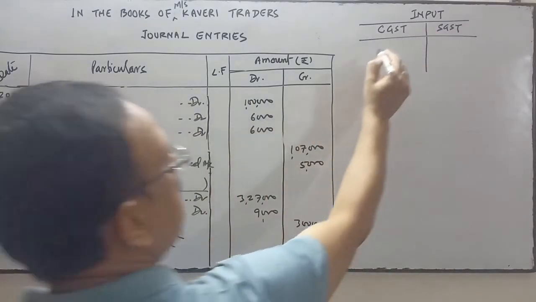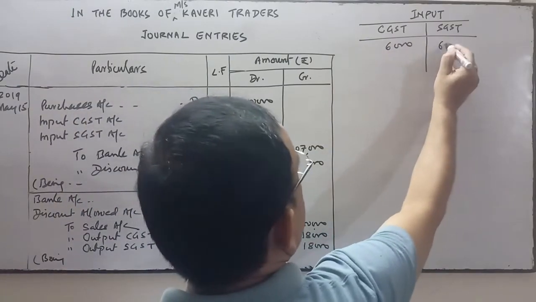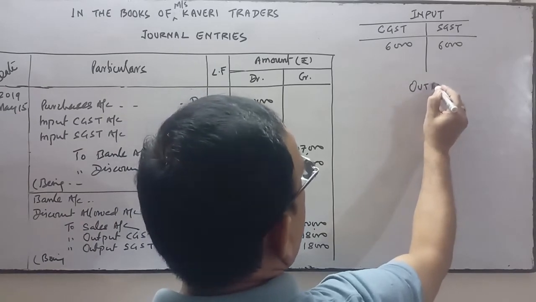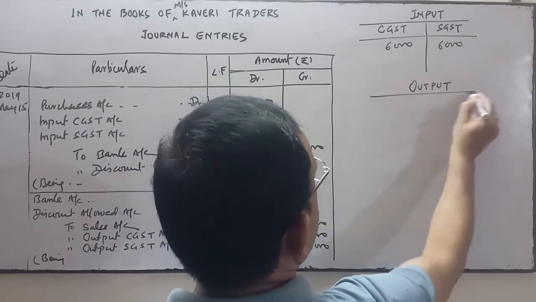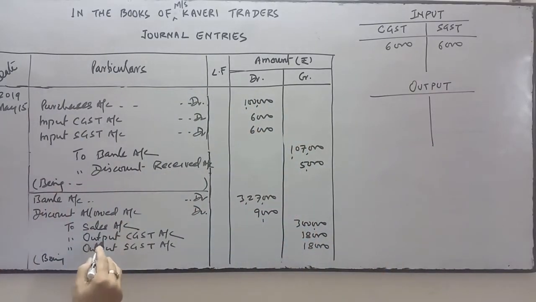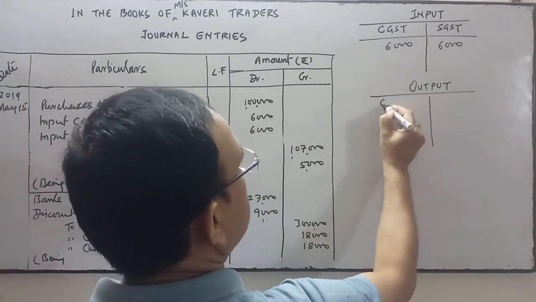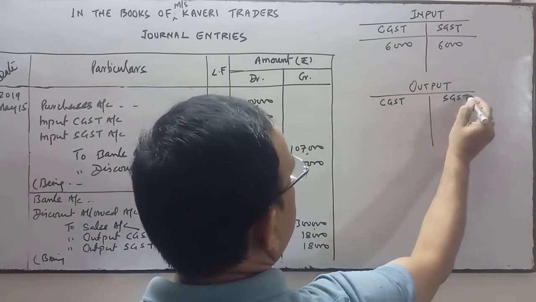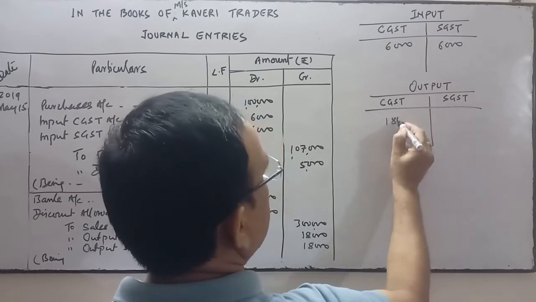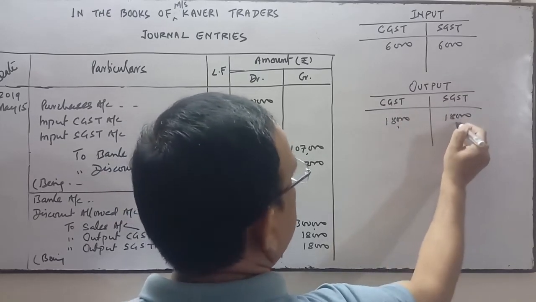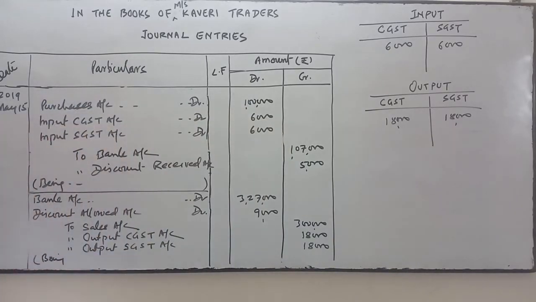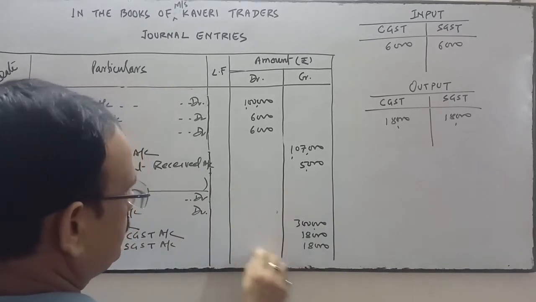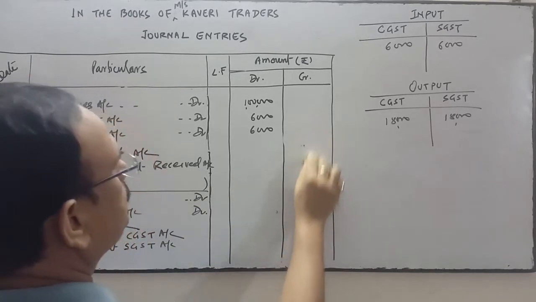Input CGST is 6,000 and SGST is also 6,000, whereas output CGST and SGST are 18,000 and 18,000, from the first and second transactions. I have to make a record because I am going to erase this one. Okay, I am going to remove this.